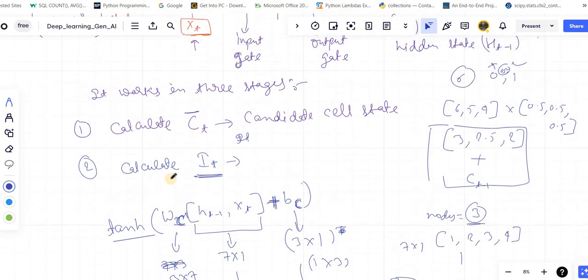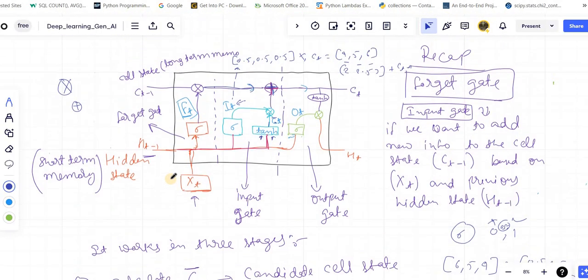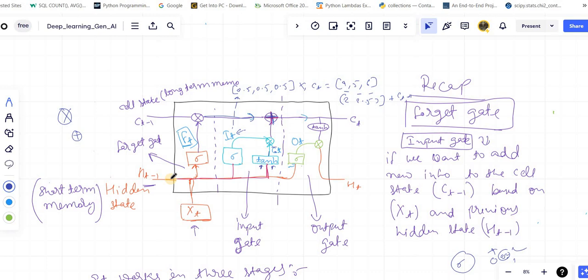Now the last gate. Sorry, 3 into 1. Yes, IT is also 3 cross 1, CT is also 3 cross 1. So see, this is 3 cross 1 and this is 3 cross 1. For multiplication it needs to be transposed. So 3 cross 1 into 1 cross 3.